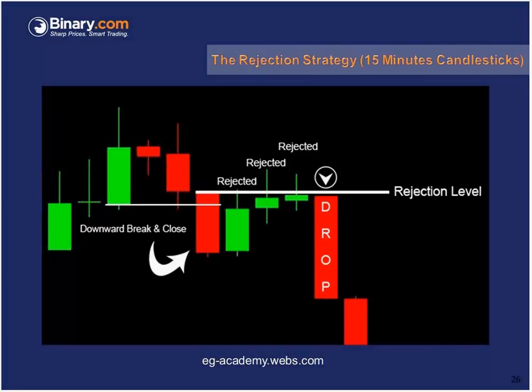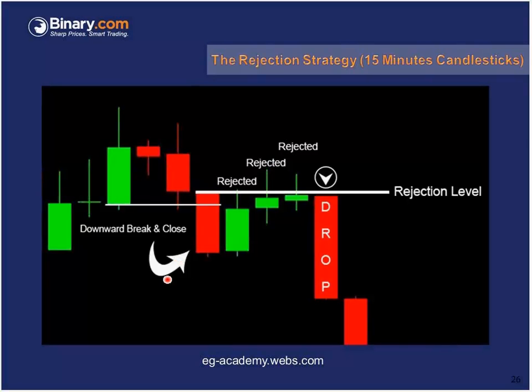The rejection strategy for 15 minute candlesticks. I wanted to share with you one of these price action strategies. Essentially, what we are looking for in this particular strategy and example is a drop in price after heavy upward momentum, in which a bar breaks and closes below the last green bar.